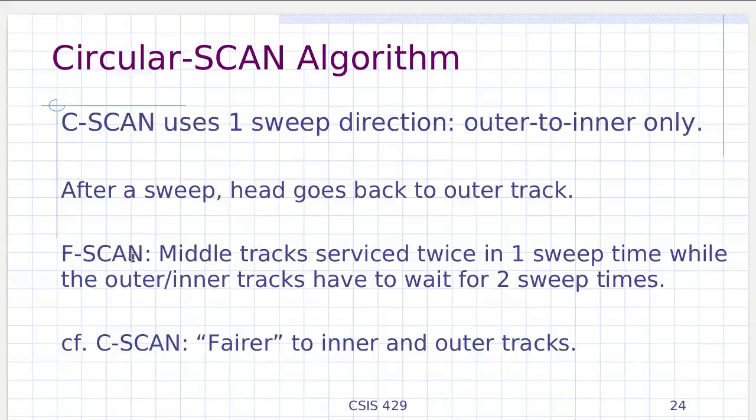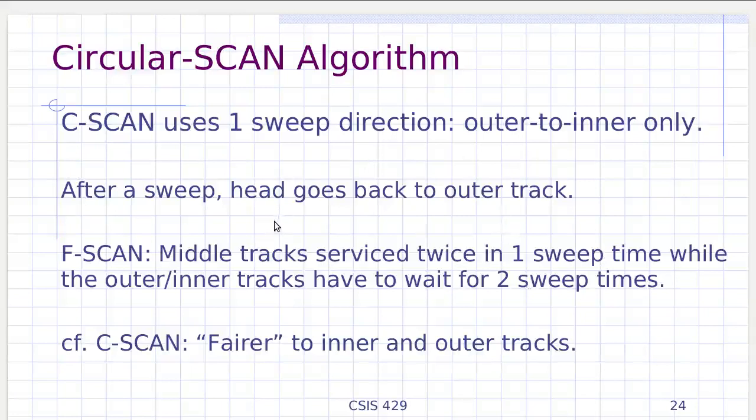Mainly because in the case of FSCAN, where you go one direction and then service in the other direction, the middle tracks are serviced twice in one sweep, while the outer and inner tracks have to wait for two sweep times. In the worst case, the innermost and outermost tracks have to wait, whereas for the middle tracks you get everything done much faster.